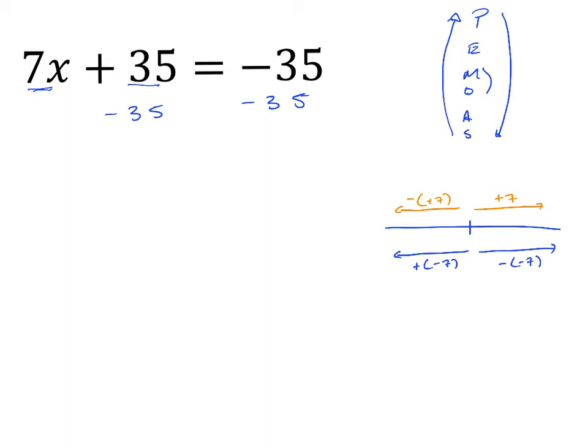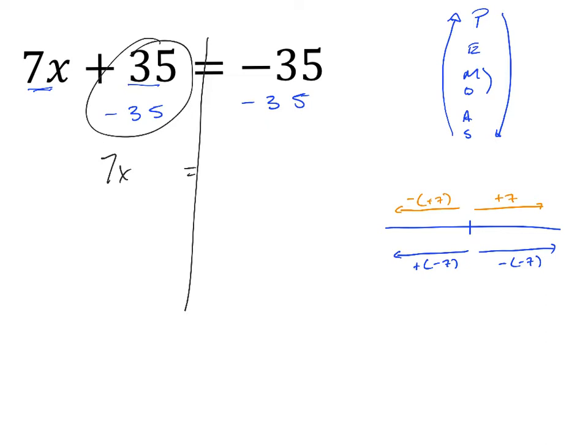Now I rewrite this: 7x plus 0, so it's just 7x. And I've taught you to draw a line down the equal sign, so we know we're doing it to both sides.